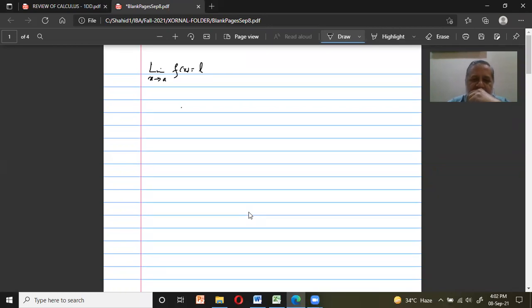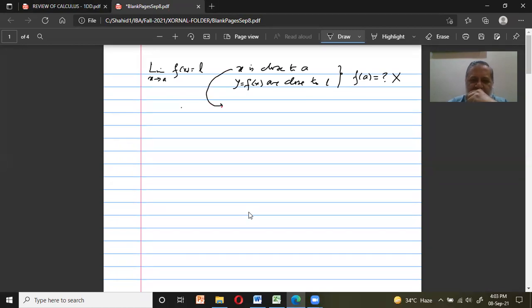It means whenever x is close to some number a, y, which represents the values of the function, is close to L. And during this process, we are not interested in what the value of the function is. We don't bother about this. The function may not be defined and the limit can still exist.